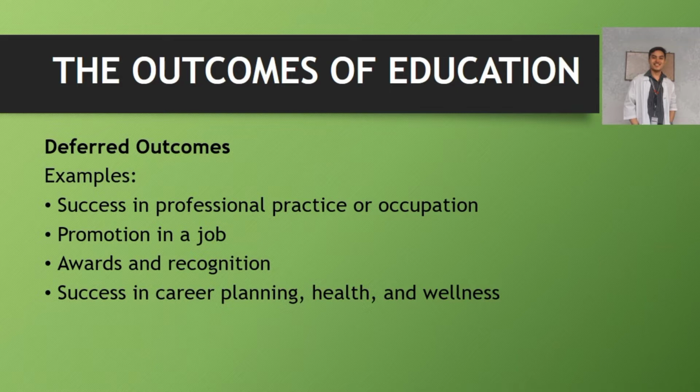Examples for this one are success in professional practice or occupation, promotion in a job, awards and recognition, success in career planning, health and wellness. So basically, these are referred to as the institutional outcomes, which will be discussed next.